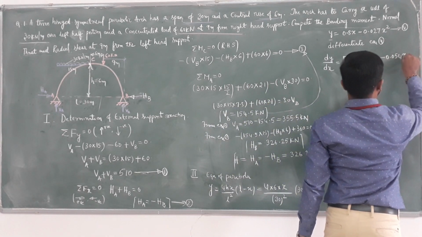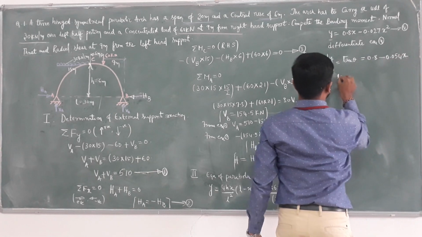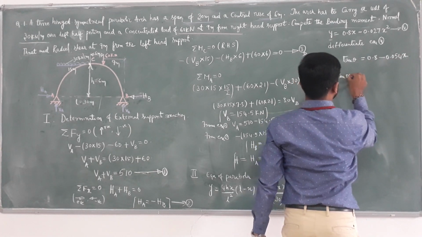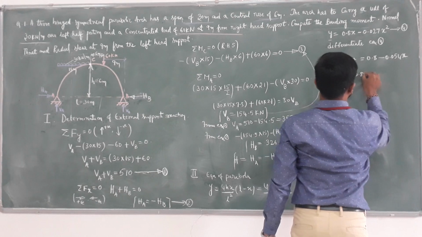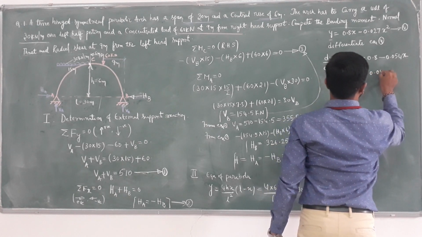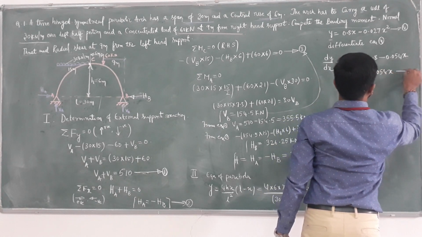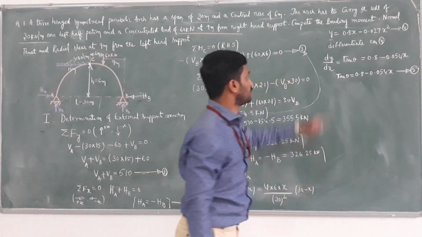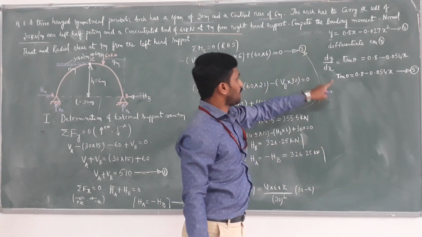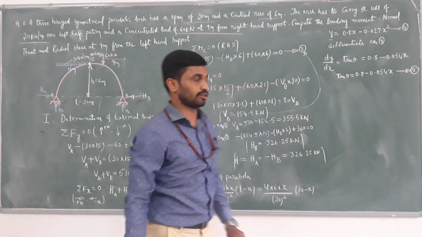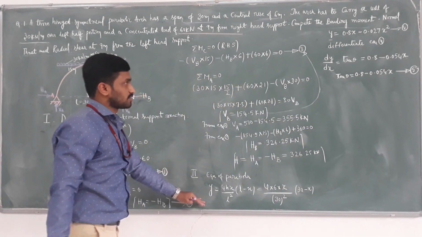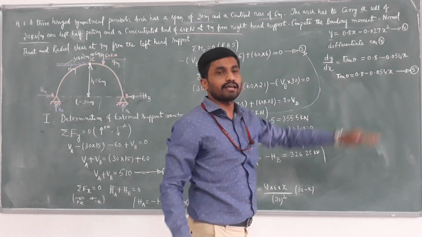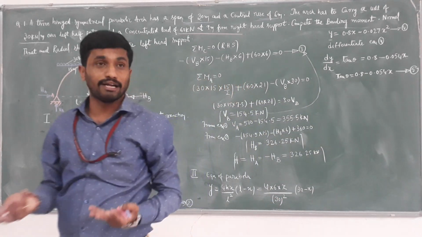So tan theta, that is slope, is 0.8 minus 0.054x, say equation number 5. This is the slope equation, where y is the rise equation and tan theta is the slope equation. Once we have this rise and slope equation, we can easily determine the values of bending moment.